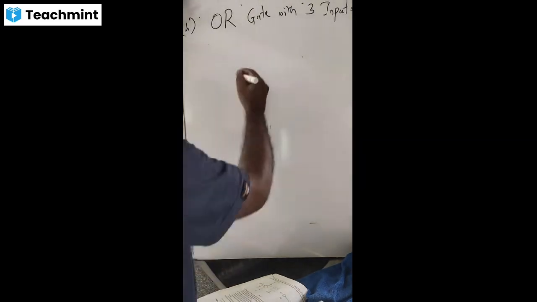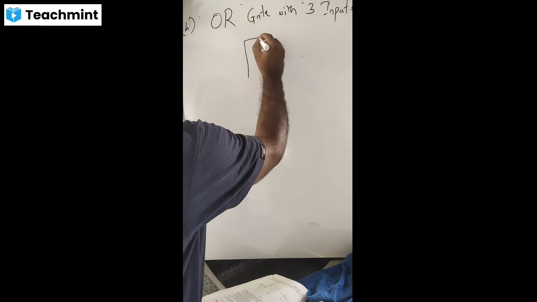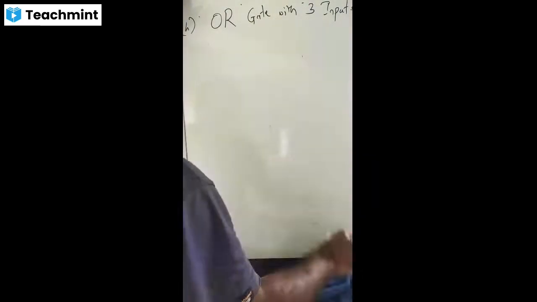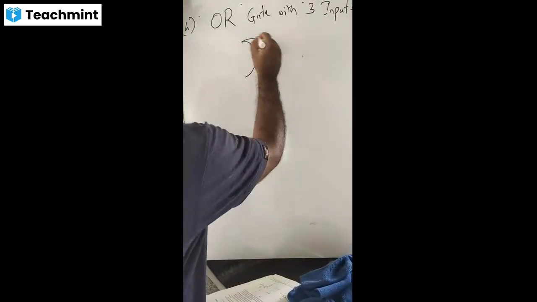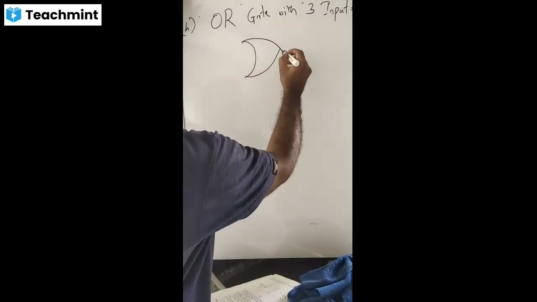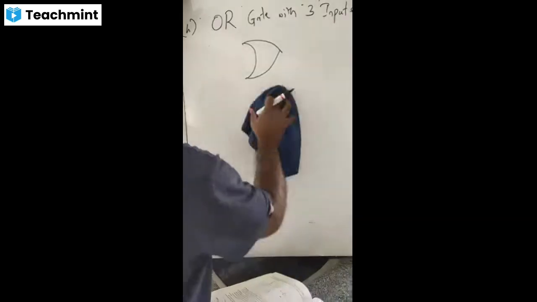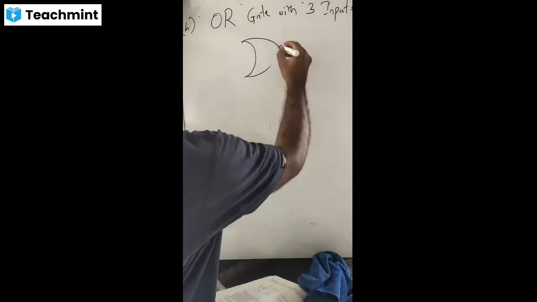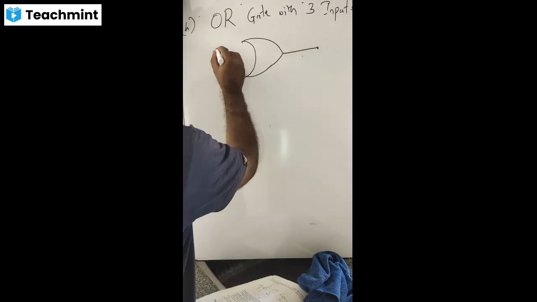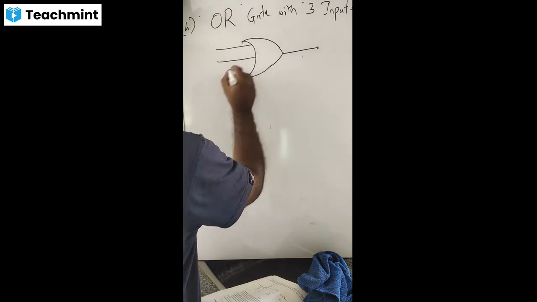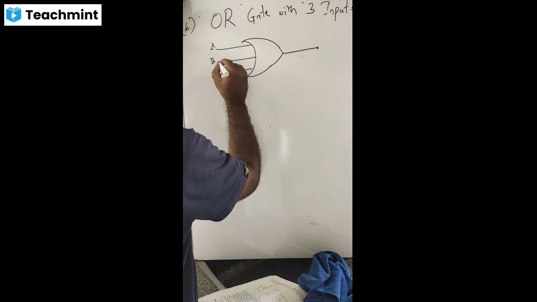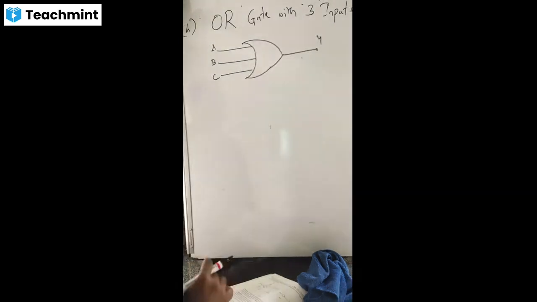So the symbol will be like this. A, B, C, Y, symbol.